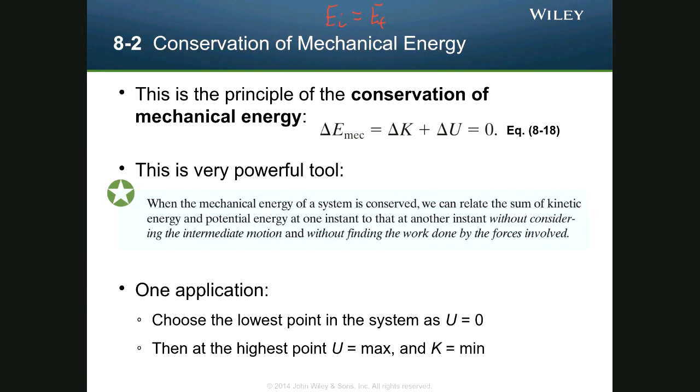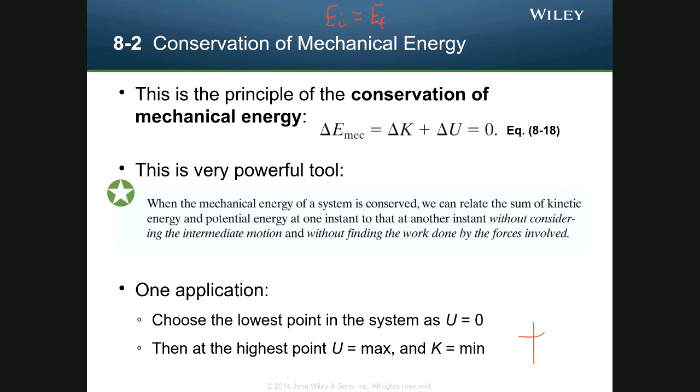So one application: we can choose the lowest point in a system as the potential energy equals 0, and then at the highest point of the system, U is the maximum value, and it has its minimum kinetic energy value. So basically, something we could look at is, say, a tree.